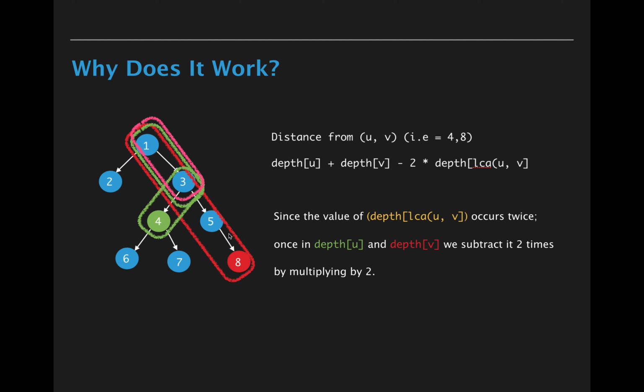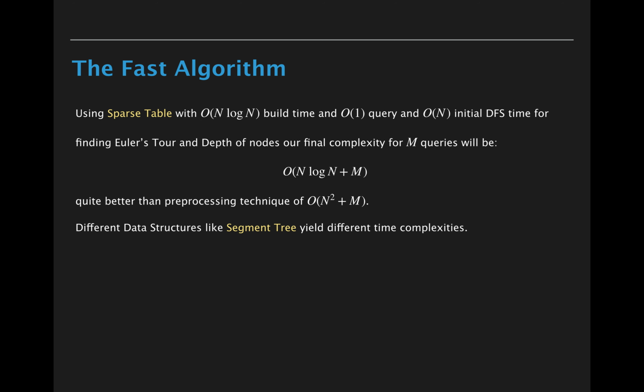What we're subtracting happens to be the depth from 1, which is the root, to the LCA of that node, which is 3. Now we're multiplying by 2 because the same applies to node 4 and its path. 1 to 3 to 4, we need to subtract 1 to 3 for the distance from 3 to 4. So we subtract the LCA distance, which is 1 to 3, and that's why we get the distance from 4 to 8. So we can use this to compute any query for the original problem.